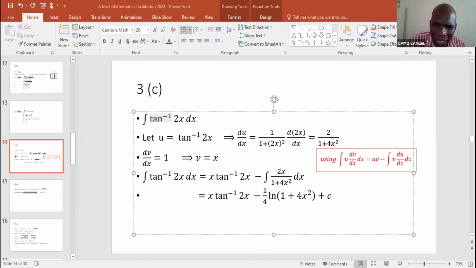When I differentiate this part, I will get 8x, right? 8x. Okay. So out of the 8, I'm missing 4 times 2 here to make 8.